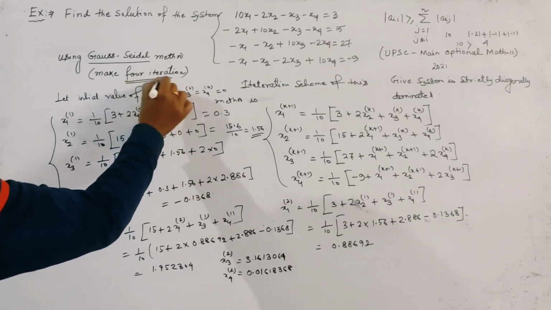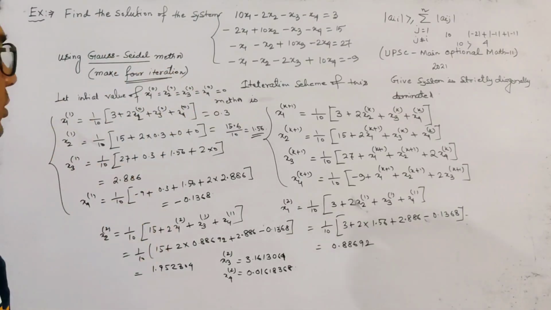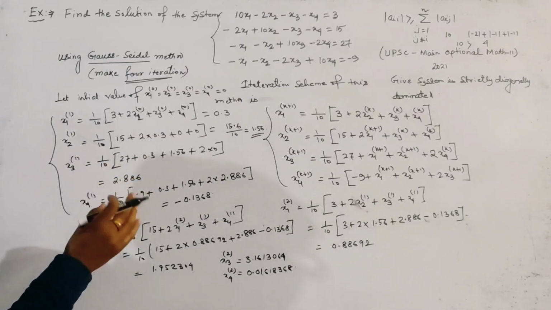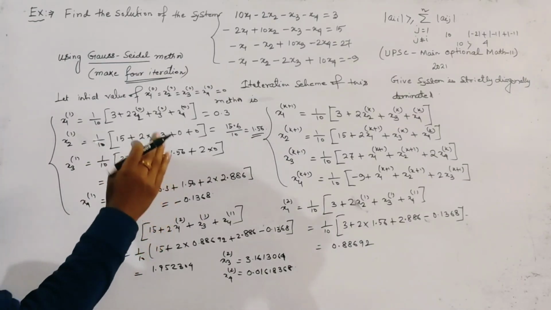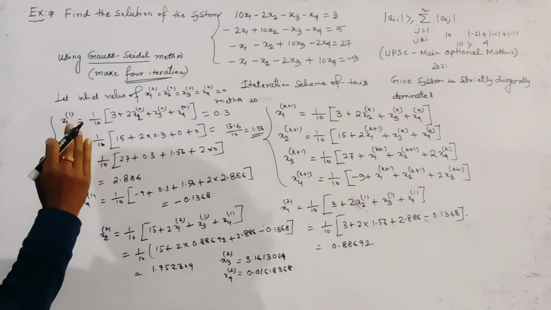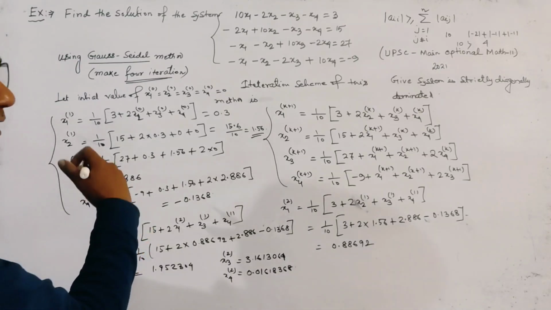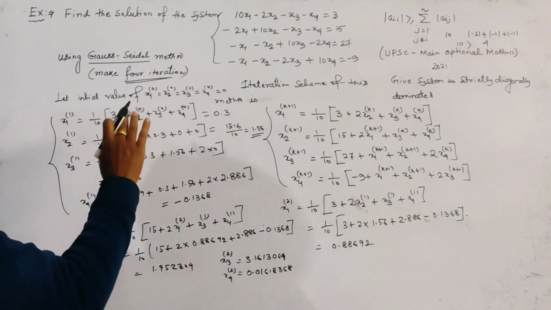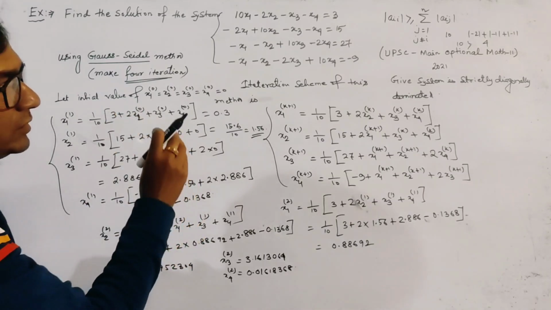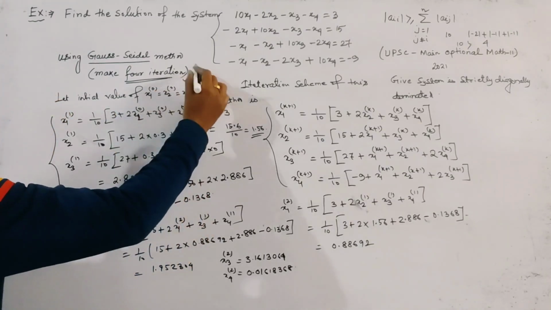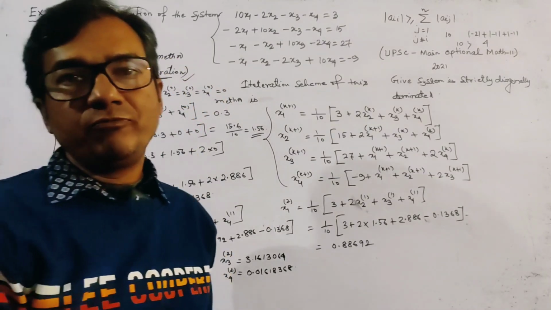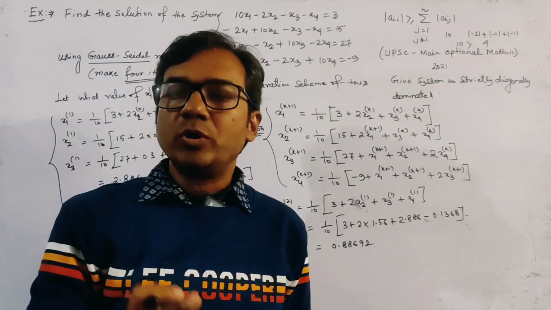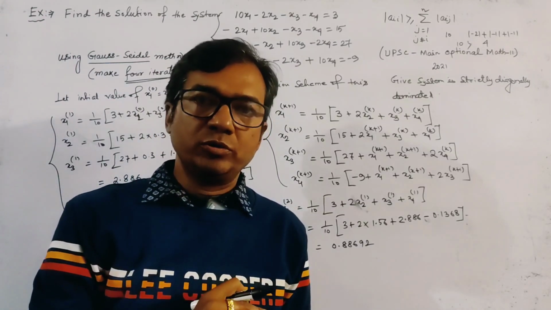Okay, this is a very lengthy problem but a very easy problem. We can calculate by putting the previous iteration in the next iteration scheme, right? And we easily find the fourth approximation of the variables x1, x2, x3 and x4, right?